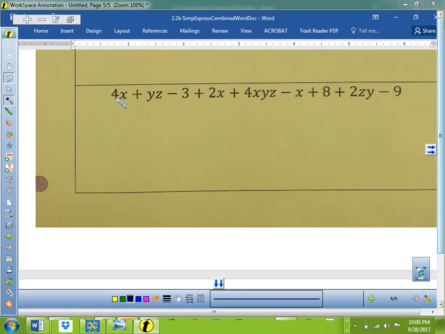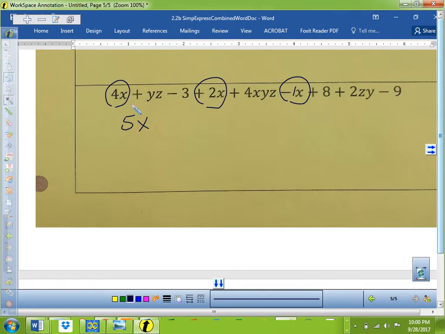I'm going to do it fast. I got 4x, positive 2x. I see a minus 1x or minus x. That would make 6 minus 1. That would make 5x's. I'm going to go to the yz. I see that one. And I think I see the positive 2zy. They're the same family. So that would make 1 and 2, 3, plus 3, yz or zy, either way.